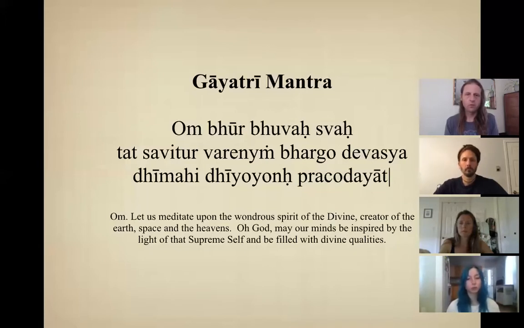Om Bhur Bhuvah Swaha. Tat Savitur Varenyam. Bhargo Devasya Dhimahi.